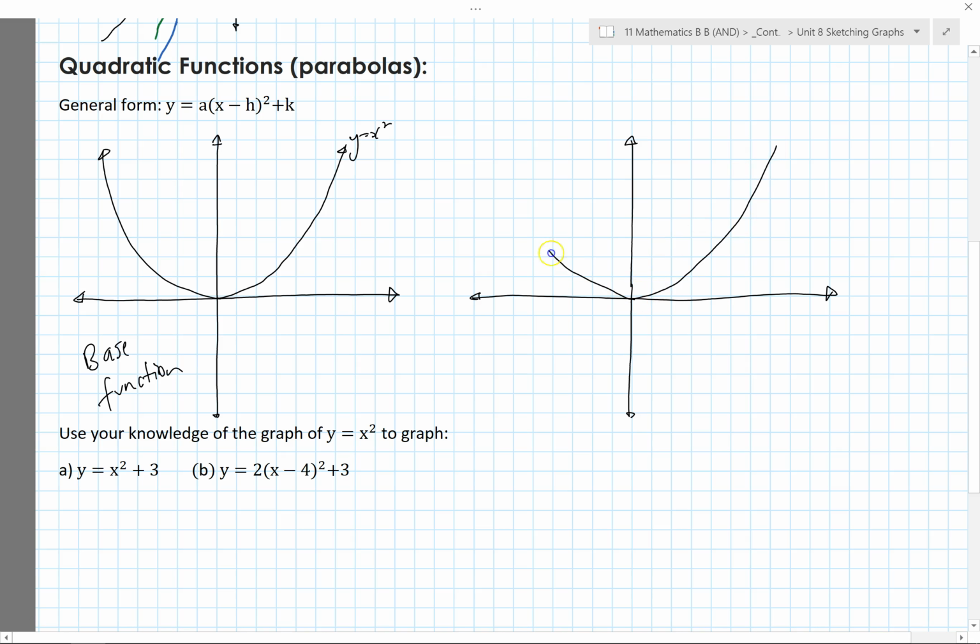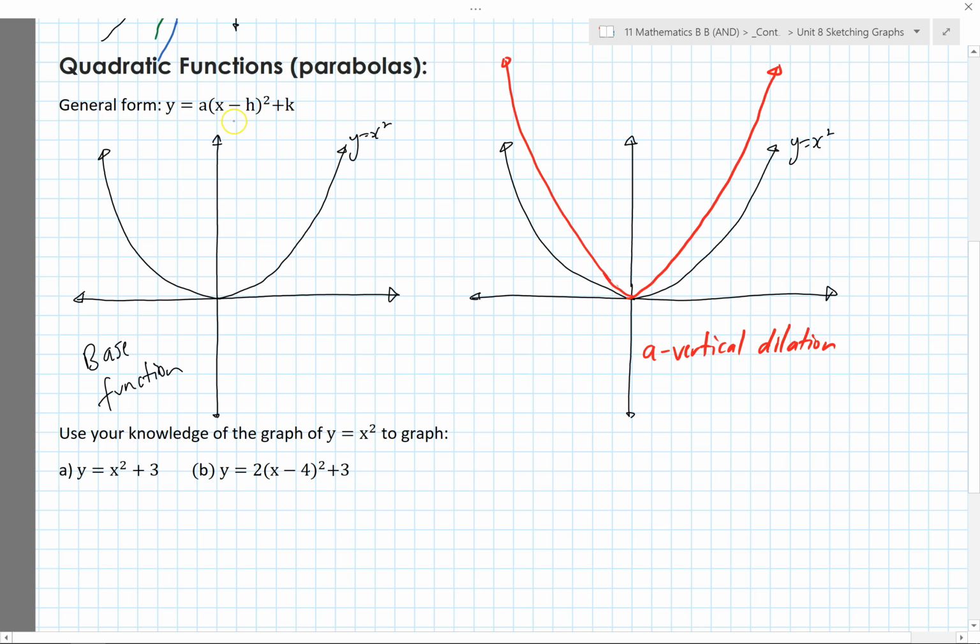If I start with my normal y = x squared graph, we have an a value, a vertical dilation, which is essentially going to either stretch or compress the curve. In this case, we'll just assume that a is greater than 1, so assume that it's stretching it up.